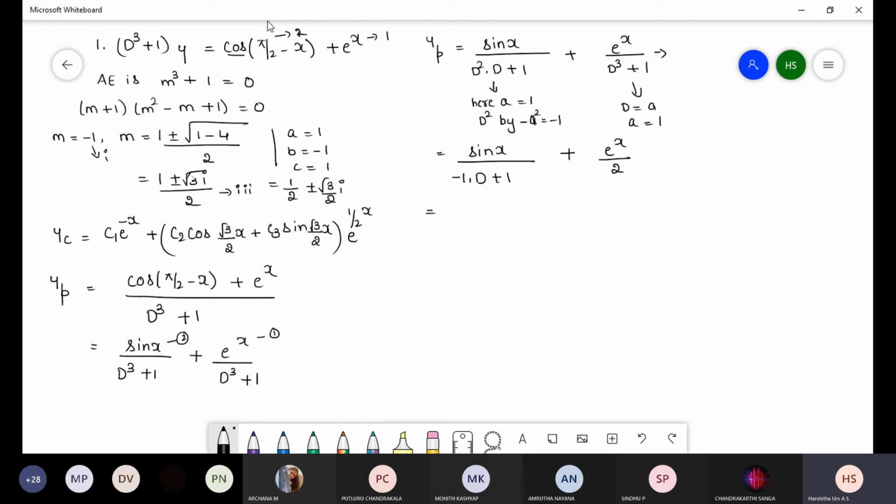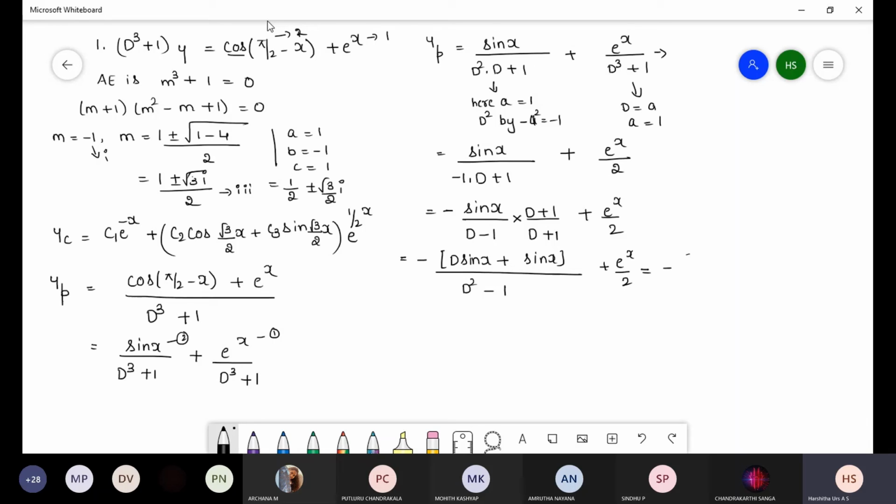Next, we have to do the rationalization. I take minus as common, so in the denominator I get d minus 1. Rationalization means multiplying by d plus 1 divided by d plus 1. So we get e power x by 2 minus of d into sin x plus sin x, divided by d square minus 1, plus e power x divided by 2.